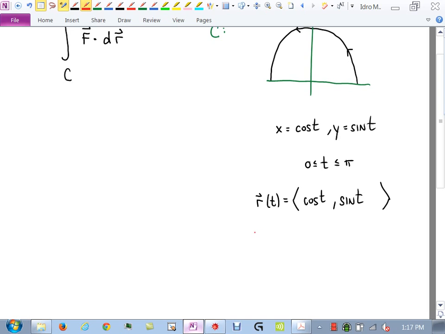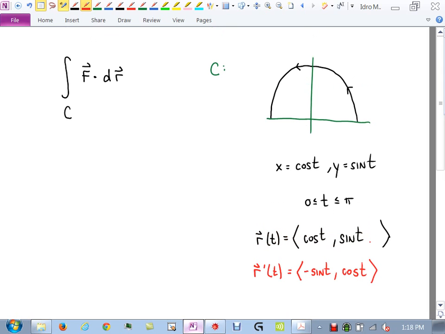So my derivative is the vector function negative sine t, cosine t, right? That's all I think I'm going to need. I have my limits, 0 to pi. I have my r of t. I've got my r prime of t. What don't I have?